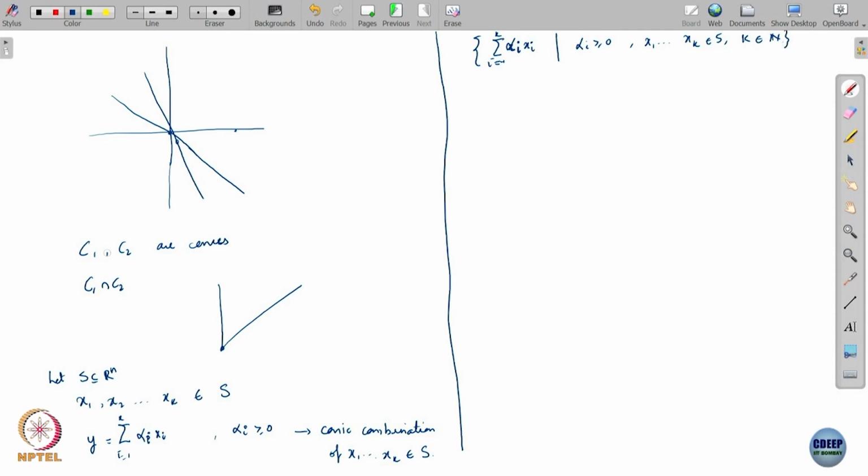So, this is the set of all conic combinations of points in S. This is what we call the conic hull of S, or the cone generated by S.